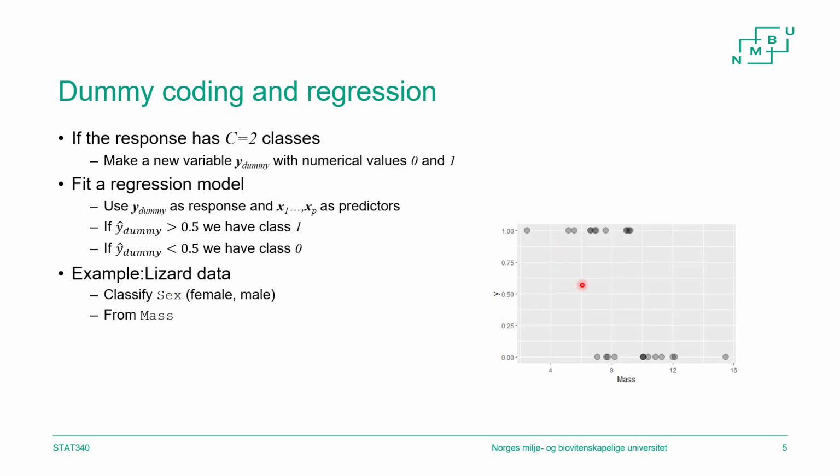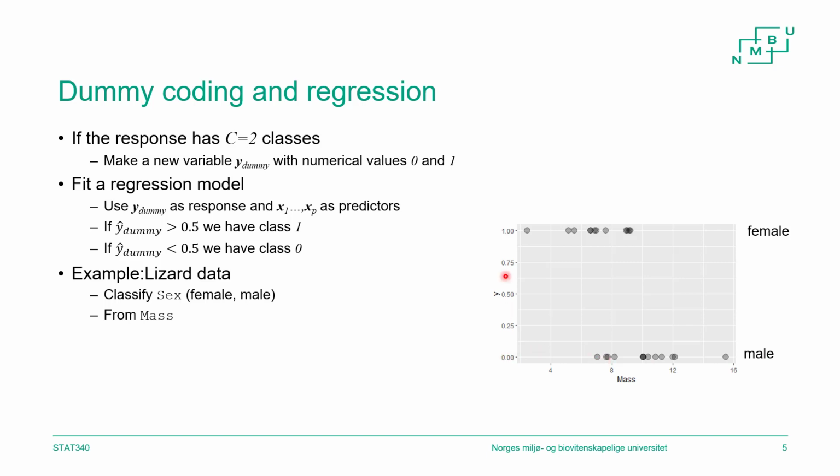And here is how the data look if we do this dummy coding. And here I have decided that female is 1 and male is 0. Can you see that? So I say that we replace all incidences of female with a 1, and we replace all the incidences of male with a 0.